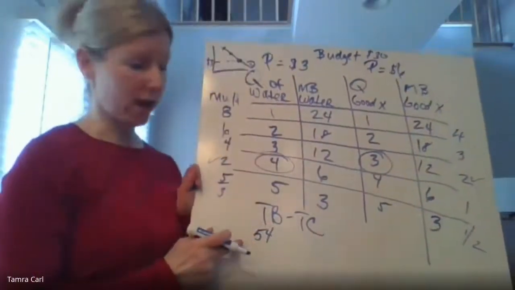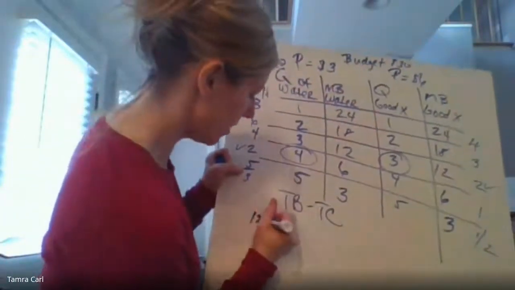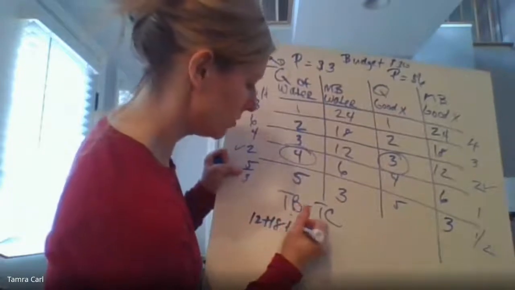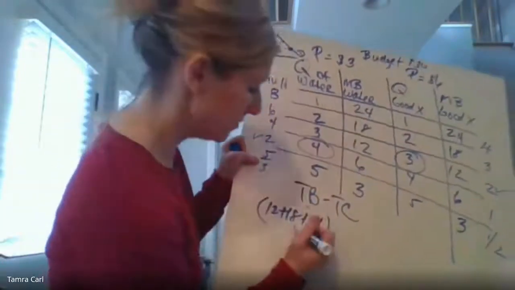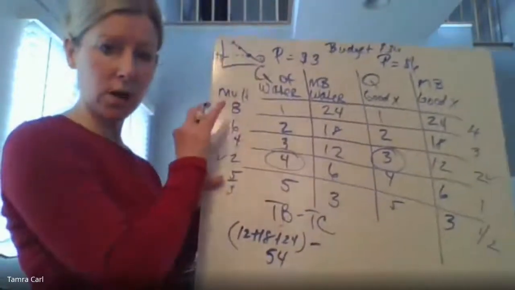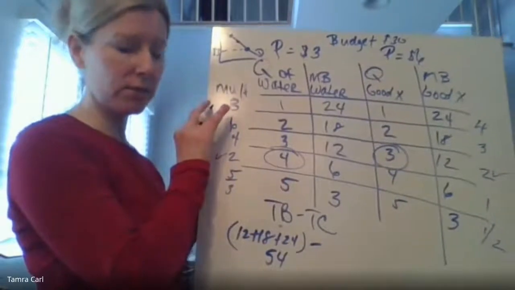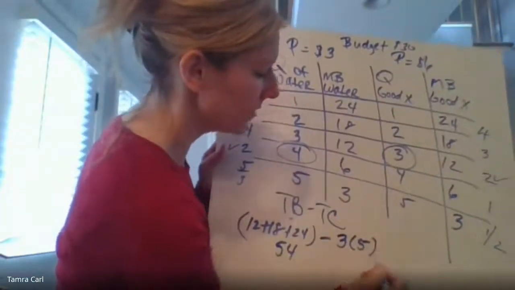And I would show that. So let me do it the right way. I would say 12 plus 18 plus 24 and put those in parentheses. And that gives me 54 minus the total cost. And we said here they're buying 3 units and they each cost $5.